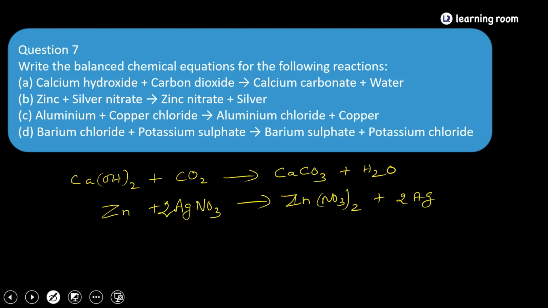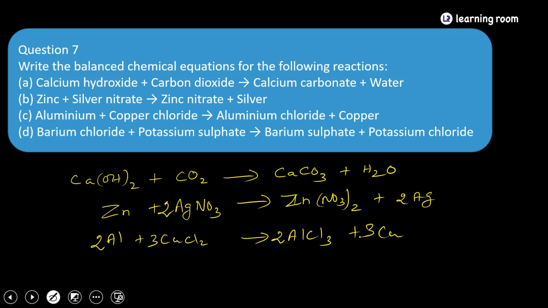Understood? Next, aluminum plus copper chloride CuCl2. Then it gives AlCl3 plus copper. Then how many chloride is required? So 2 aluminum, 3 chloride, and 2 AlCl3, and then 3 copper.